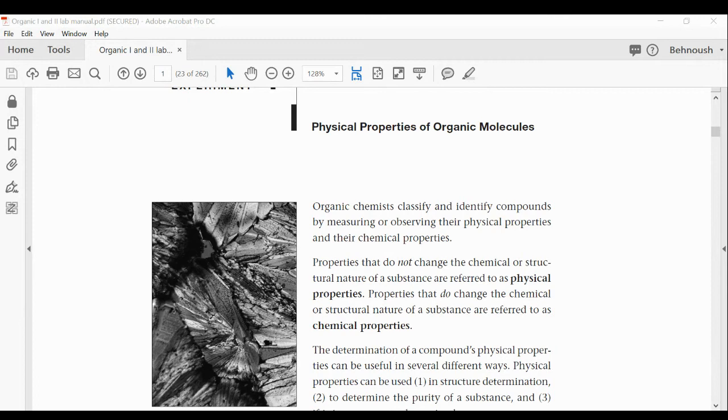So you can look at the range of the melting point, and then you would find a few compounds that are possible for your unknown compound, and then you have to do more experimentation in order to confirm that. So by comparing the melting point of the unknown to a set of known melting points for known samples, you can identify your compound. Or you could say you compare it to a database of the melting points of different compounds.